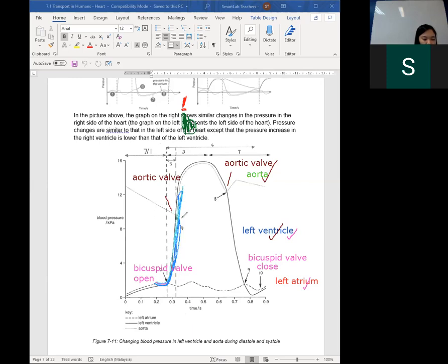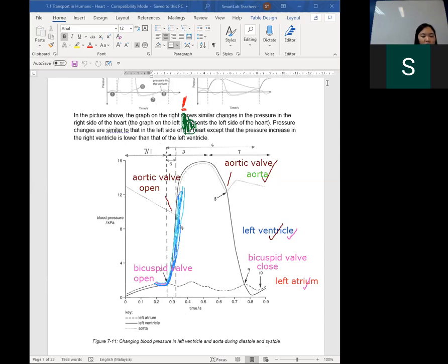Then, since the blood cannot move to the atrium, you have no choice but to enter the aorta. So when it enters the aorta, what happened to the aortic valve? Open. The aortic valve has to open, then only can blood flow out. So in that case, the aortic valve will open at this side.